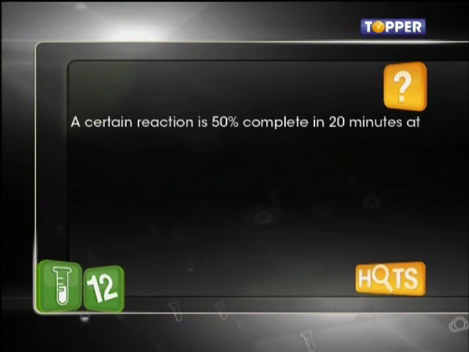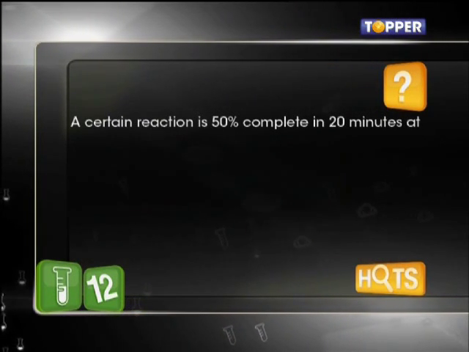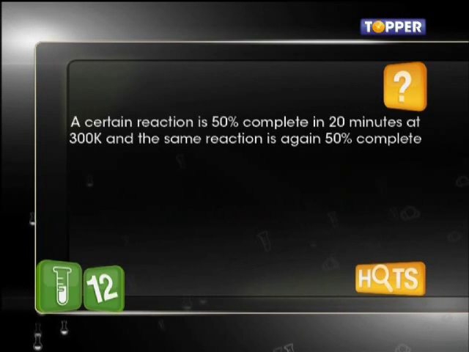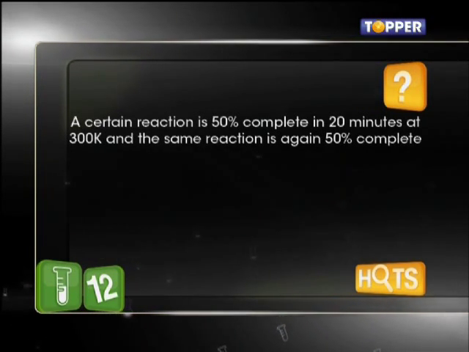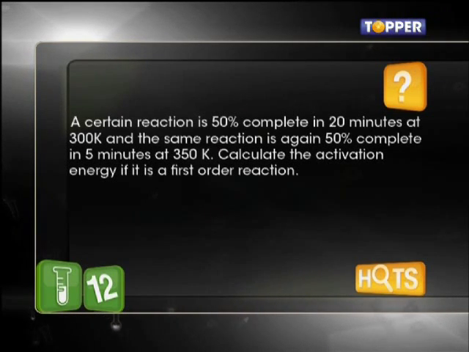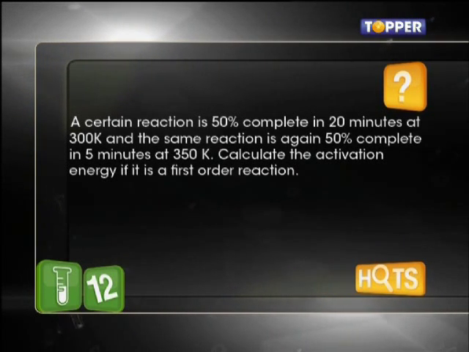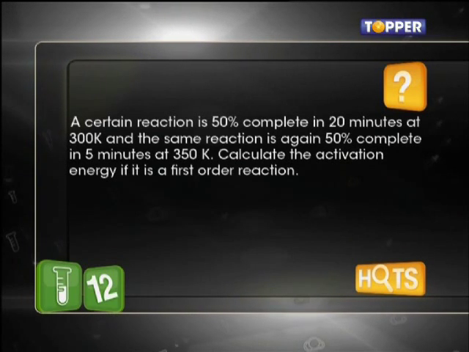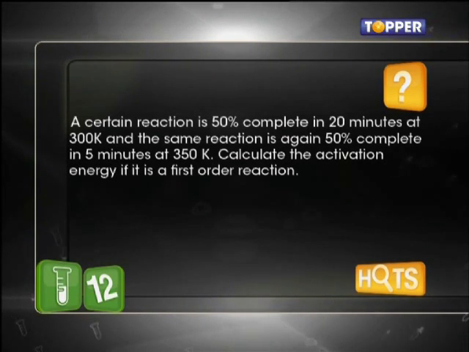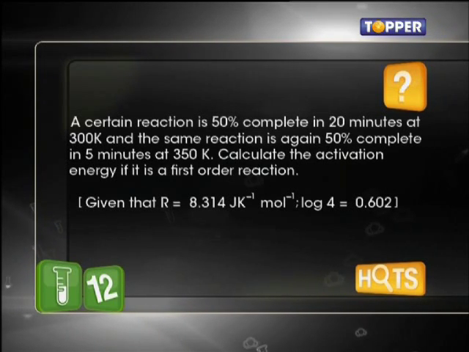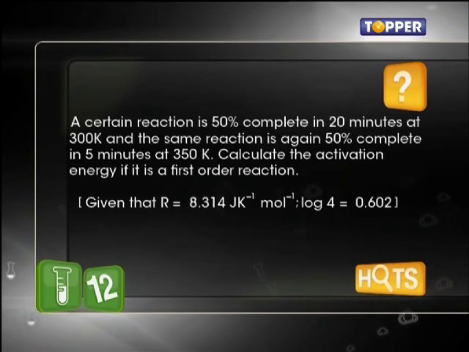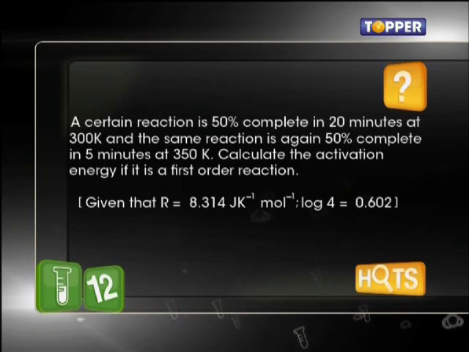If a certain reaction is 50% complete in 20 minutes at 300 Kelvin and the same reaction is again 50% complete in 5 minutes at 350 Kelvin, calculate the activation energy if it is a first-order reaction. Given that gas constant is equal to 8.314 joules per Kelvin per mole.